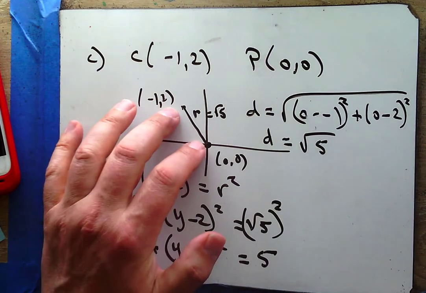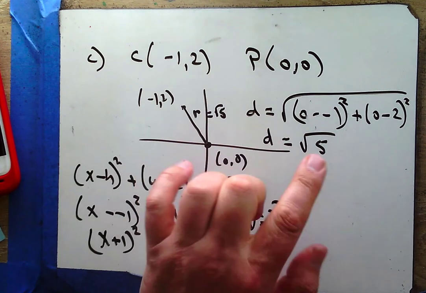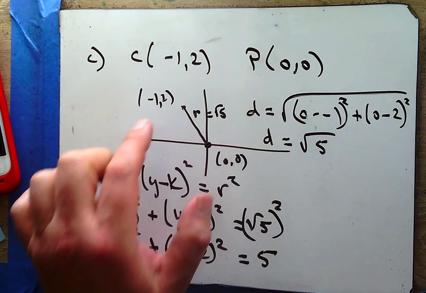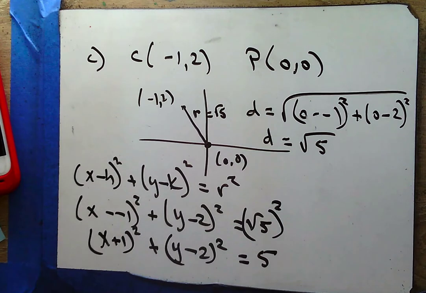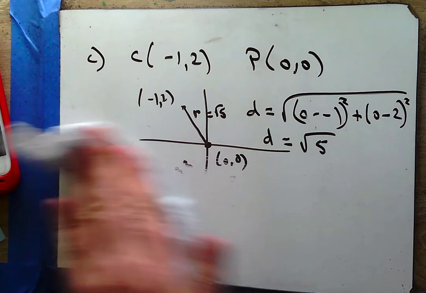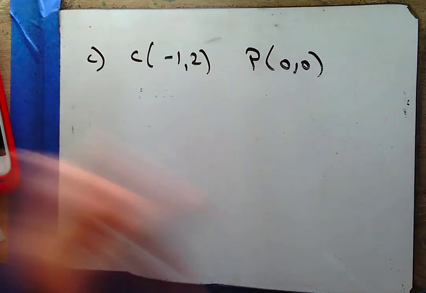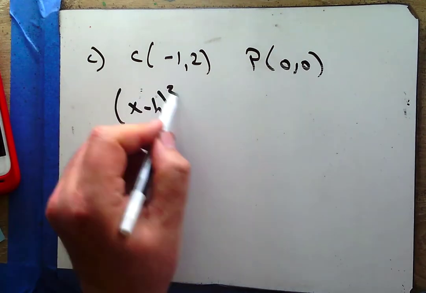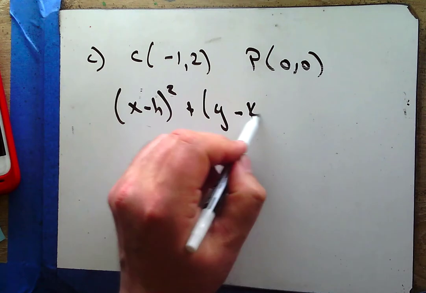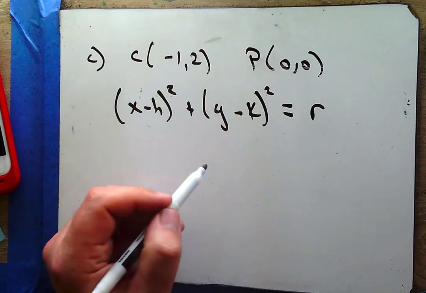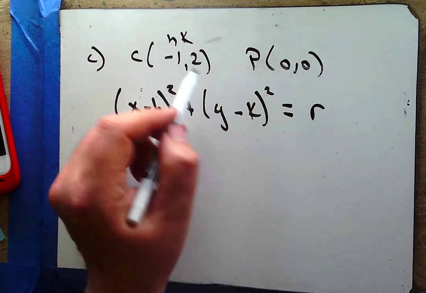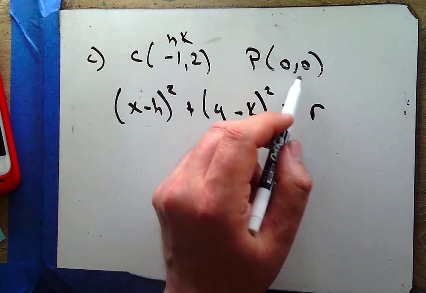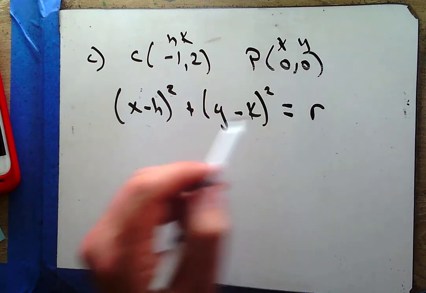That's one way of writing the equation of the circle. Use these 2 points to find the distance between them. That distance is the radius, and then you can plug the radius in. The other way that students do this problem is they say, well, I know the equation of the circle is this, and I know that this is h and k, but since this is a point on the circle, that must be x and y.